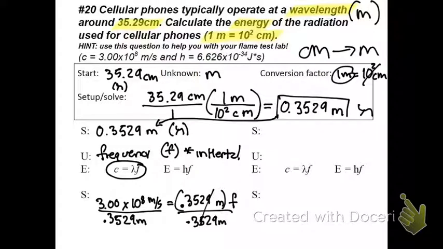The raw number that you receive on this side is 850,099,178.2 hertz, because that's what we were looking for. Do not round this number. You are going to round at the very end.